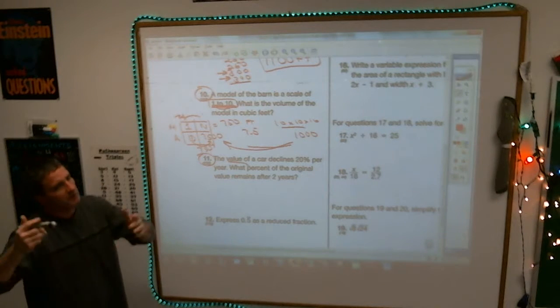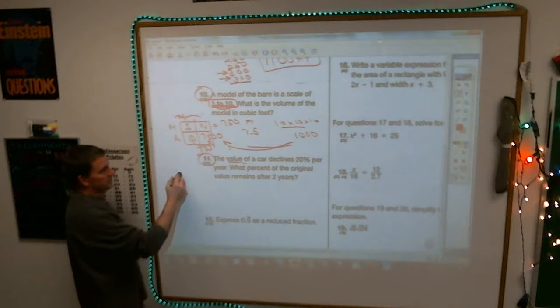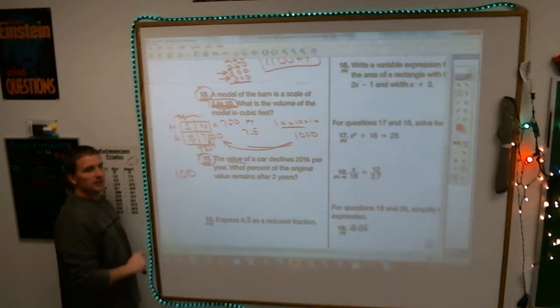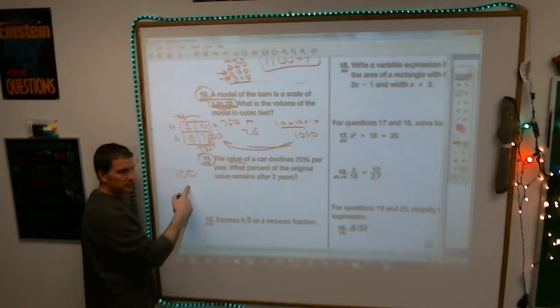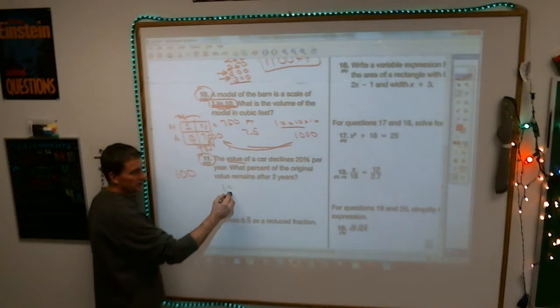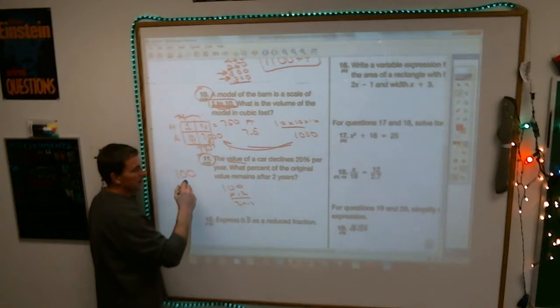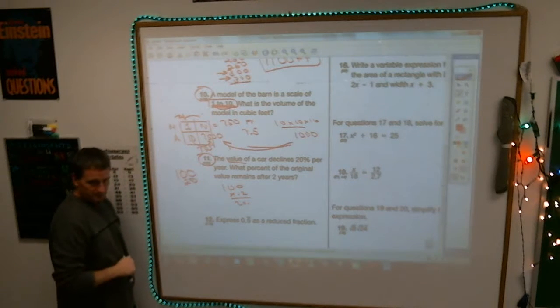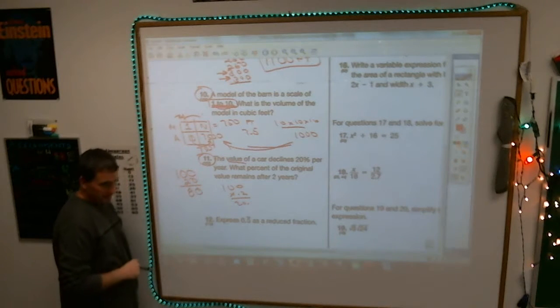All right, so what would be a good value for a car to make up? $100. Okay, so if a car declines 20%, if it started at $100, what's 20% of 100? 20. 100 times 20%, you get $20. You subtract, now your car is only worth $80, correct?